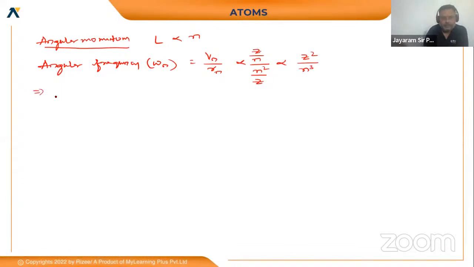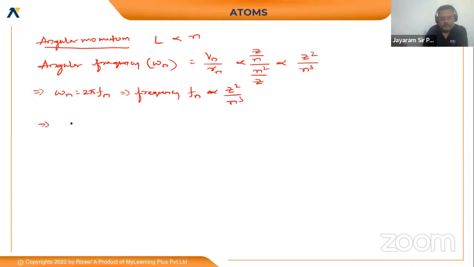Further, omega n can also be written as 2 pi into frequency fn. So the frequency of the nth orbit is also proportional to Z square by n cube.